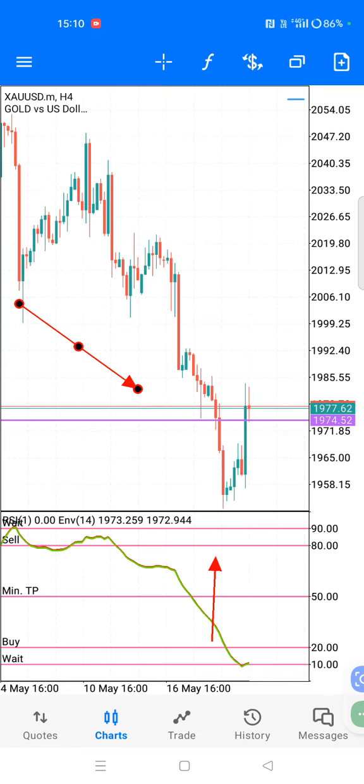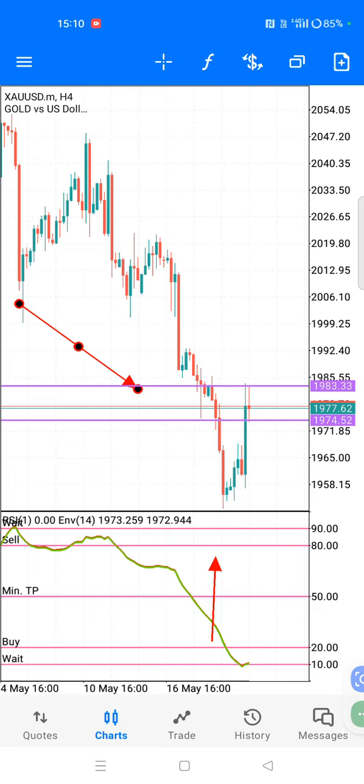For me, it's either going to be here or here. We don't look too far. We take the nearest SND, supply and demand. So my stop loss will be 1983. That is about 90 pips between 1974 and 1983.